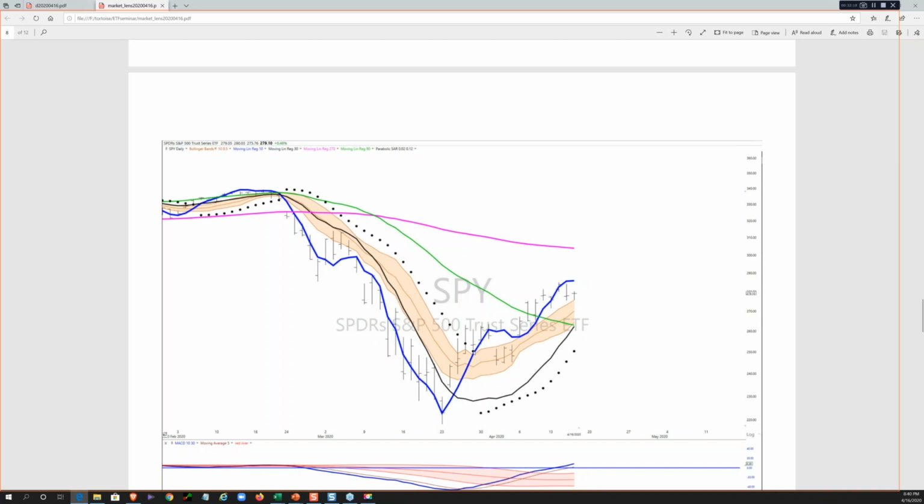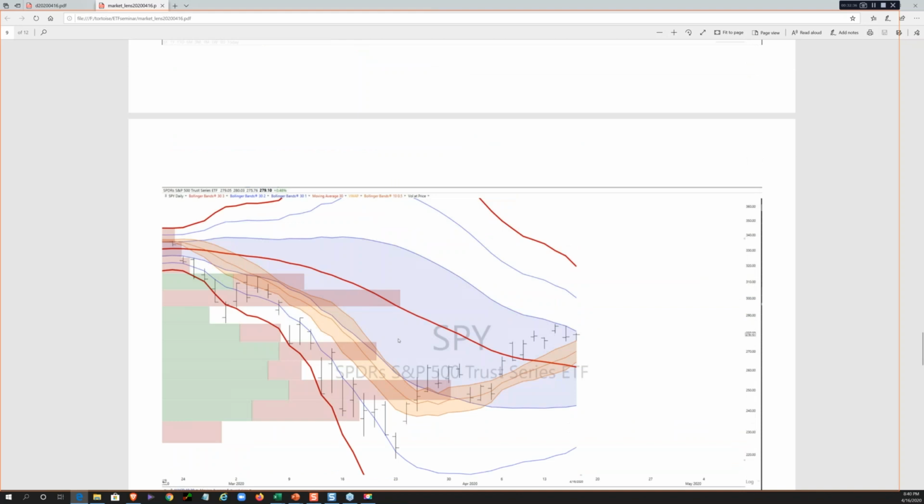And then you'll notice that when the RL10 crossed the dragon, it also triggers a PSAR flip. So you get multiple confirmations from different mathematical treatments that start giving you information upon which to base your judgments.